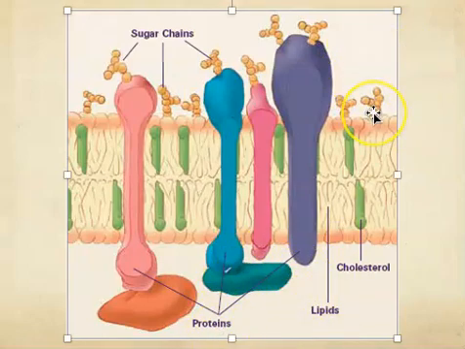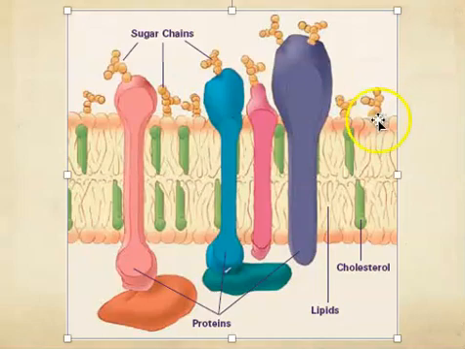Now, I want you to notice that the outer monolayer has these strange little structures attached in places. These are carbohydrate chains. Remember, we talked about glycolipid, and we're going to find glycolipid in certain types of cells, cells in the nervous tissue, for example.